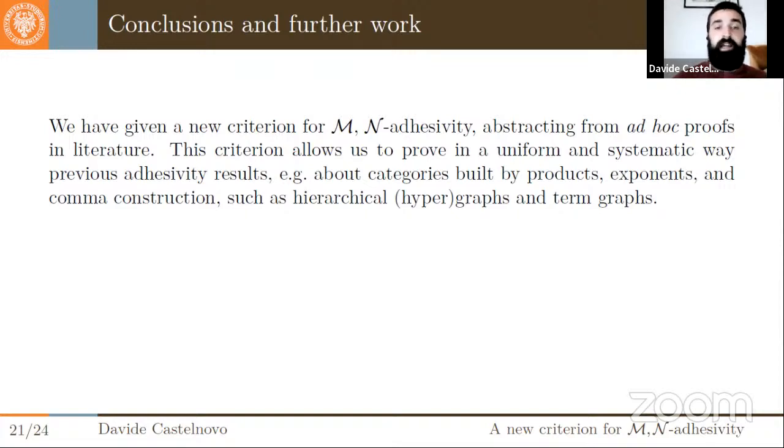This criterion allows us to prove in a uniform and systematic way previous adhesivity results, for instance for categories built by products, exponents, and comma constructions. And for instance, hierarchical hypergraphs and term graphs are built in this way.